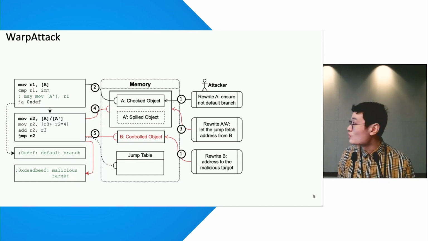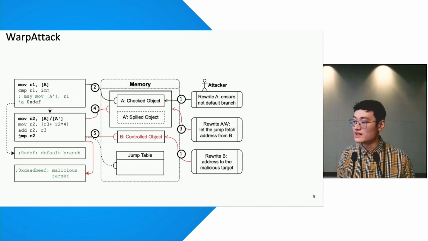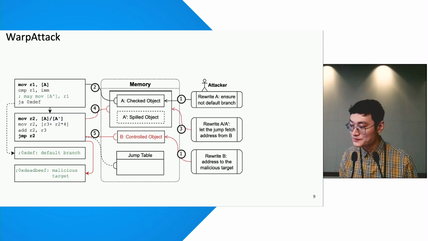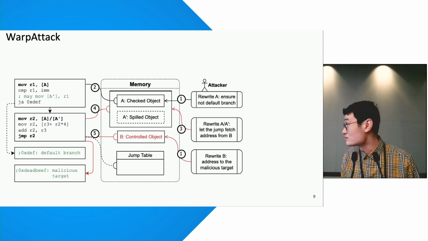Then it waits for the victim to perform the double fetch, and attempts to overwrite the risky object within the time window. If the attacker wins the data race, the indirect jump, which is not protected by CFI, will go to the malicious target. Then the attacker can hijack the control flow and initiate code execution.